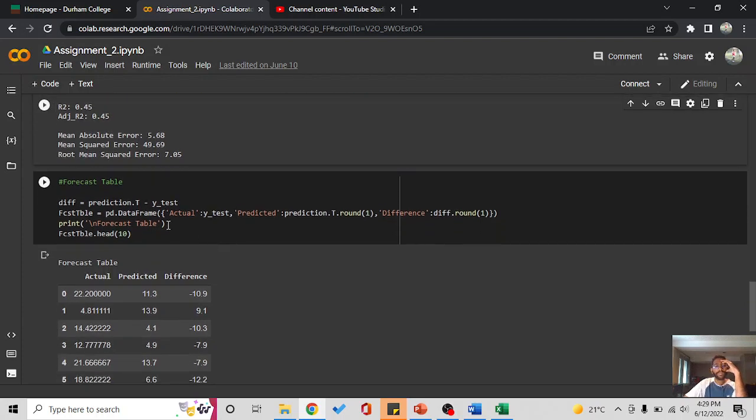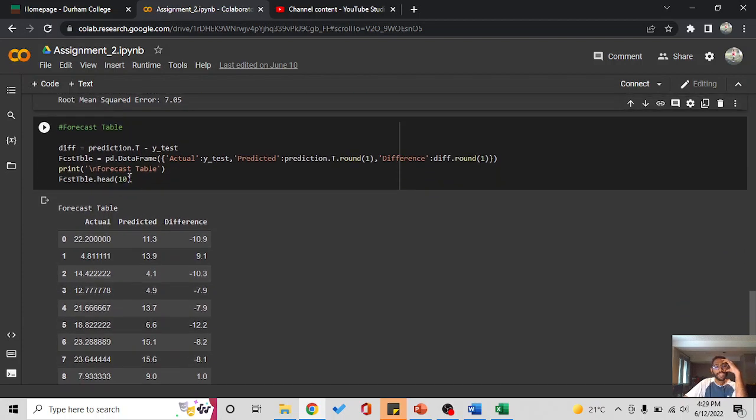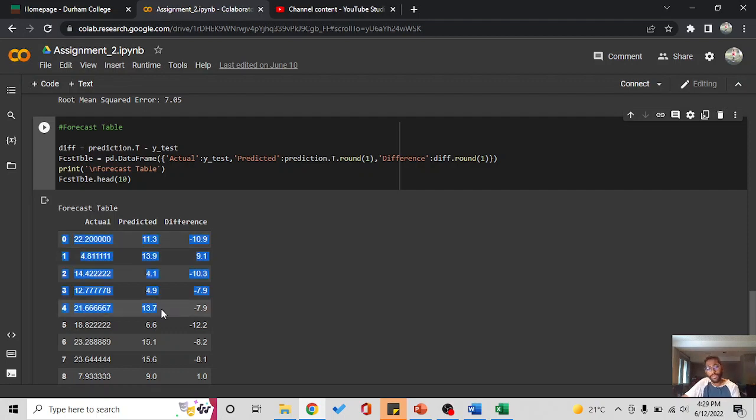And this is a forecast table, in which we get to see how well our model is actually performing, or in our case how bad it actually is. The actual values are rows from the data set.